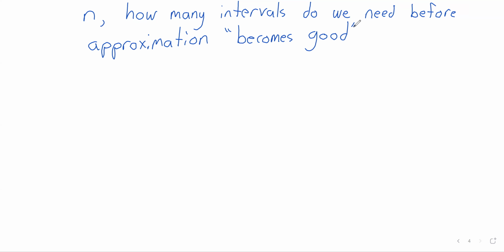When we're doing numerical approximation, we have some kind of margin of error that we're willing to tolerate. We want our answer to be correct to 5 decimal places or whatever. And we know that the more we cut this interval up, the better our approximations become. So to get an accurate answer, we need some number of intervals.